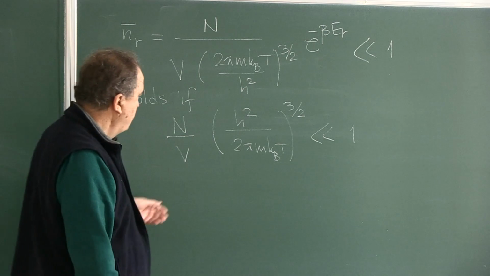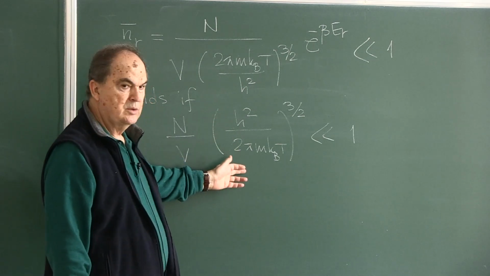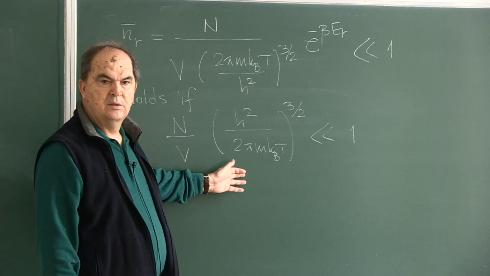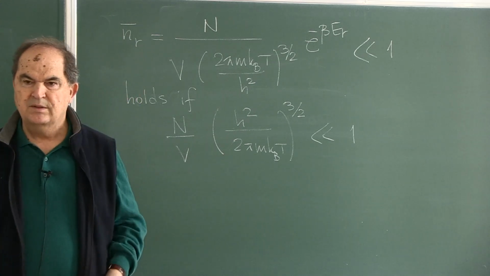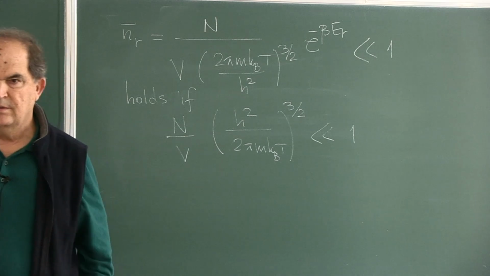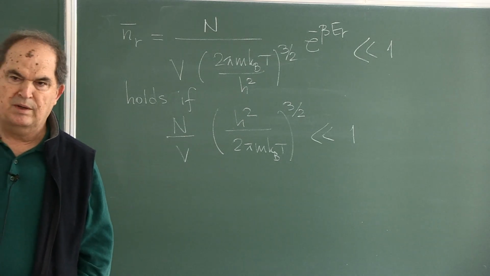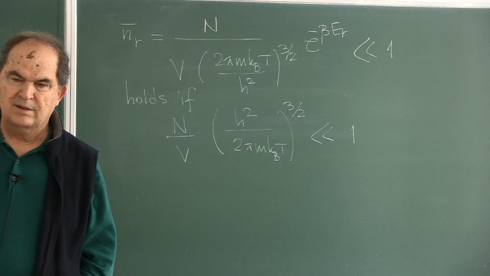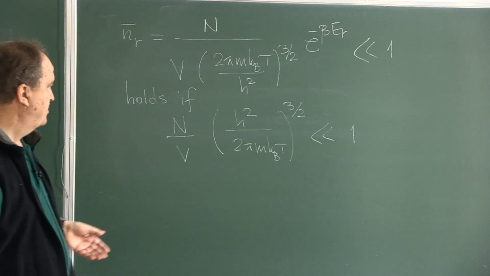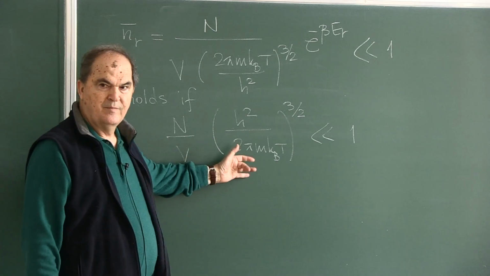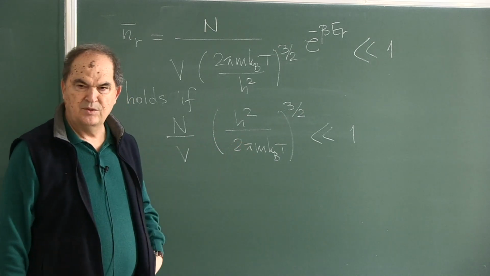So h over the square root of energy, what is this? It is like a wavelength, isn't it? We call that thermal wavelength. It's like the de Broglie wavelength, h over p. The result is p, isn't it? h over p.